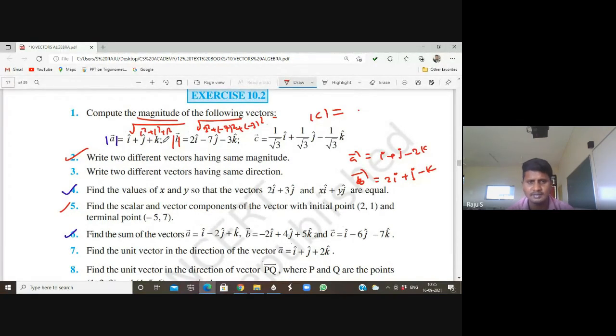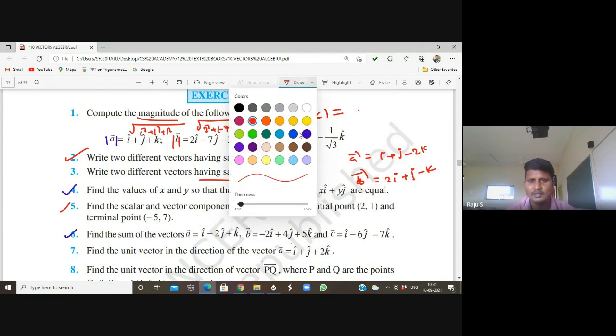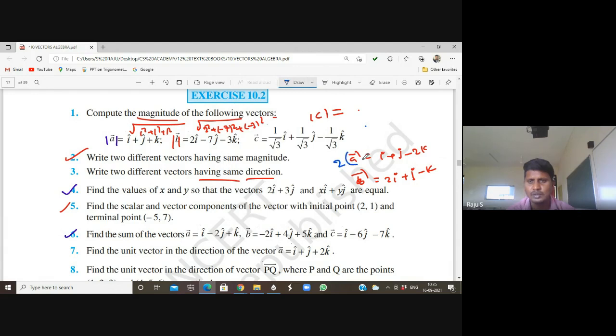These two are examples, and you write different vectors having the same direction. Same direction means you should not change the sign. Just take any vector and multiply by 2. Like I'm taking this vector, multiplying with 2, so 2a vector I am taking as b vector. Same direction means signs should not be changed.